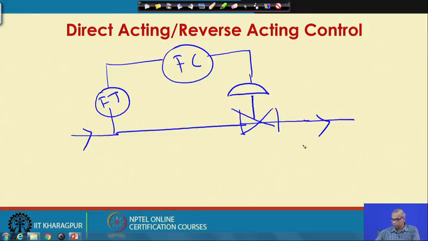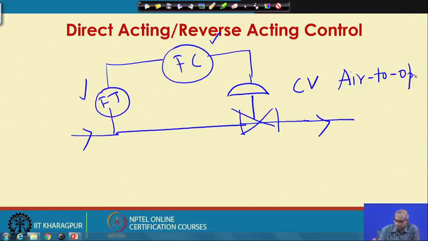So, this is the flow transmitter, flow controller, and the control valve. Let us say the control valve is air to open. The control valve I have chosen is air to open.